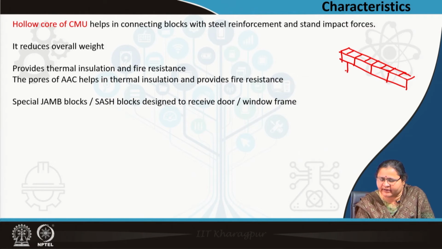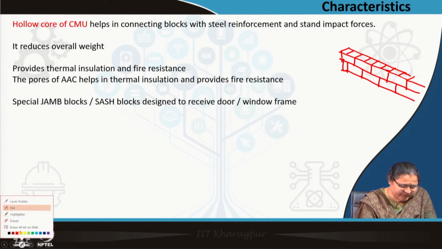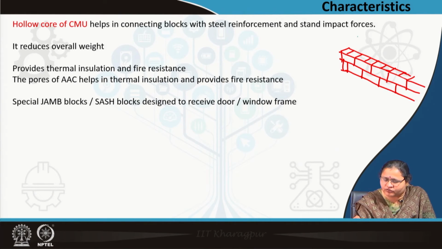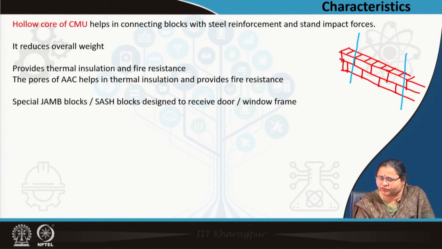Again, you can have half-size units, and you can have continuous walls with vertical lines also, unlike brick. You can push a rod through and through at intervals, and then you fill it with concrete.